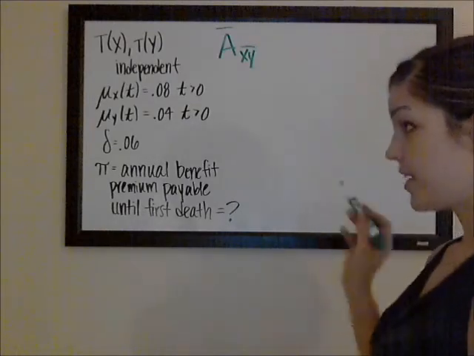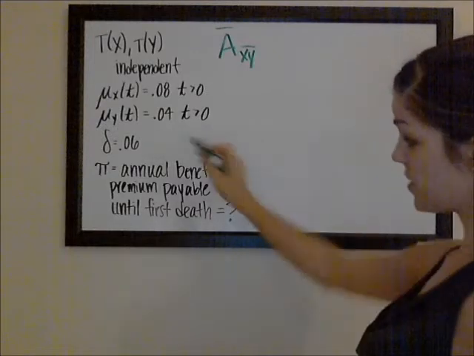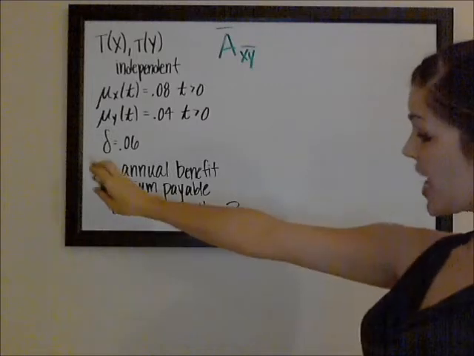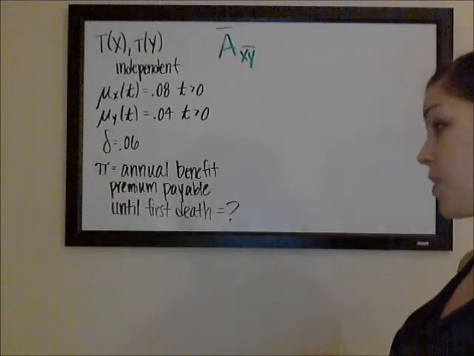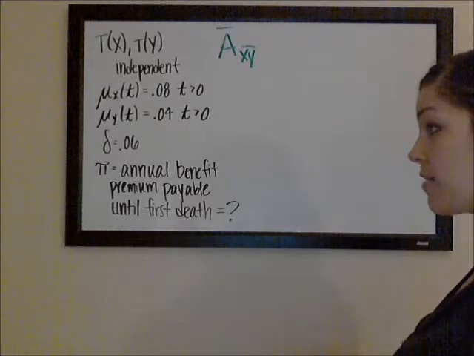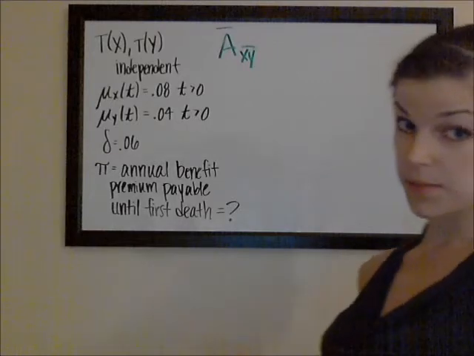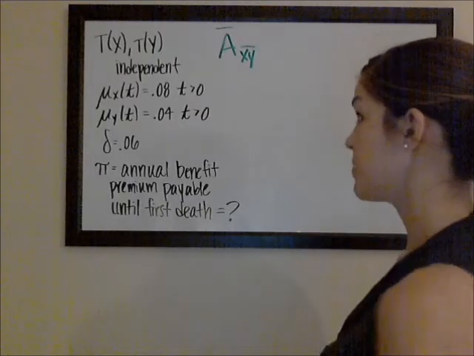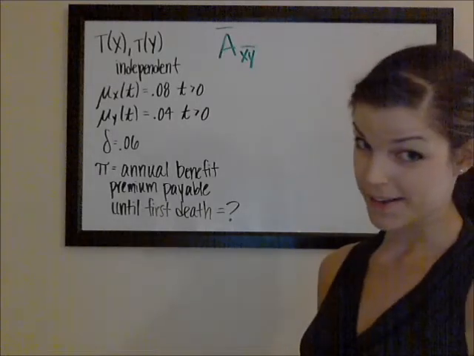Our force of interest, delta, is 0.06, and they define pi as the annual benefit premium payable until the first death. I think that the term benefit premium is supposed to imply that we're using the equivalence principle. You certainly do need to use that here.